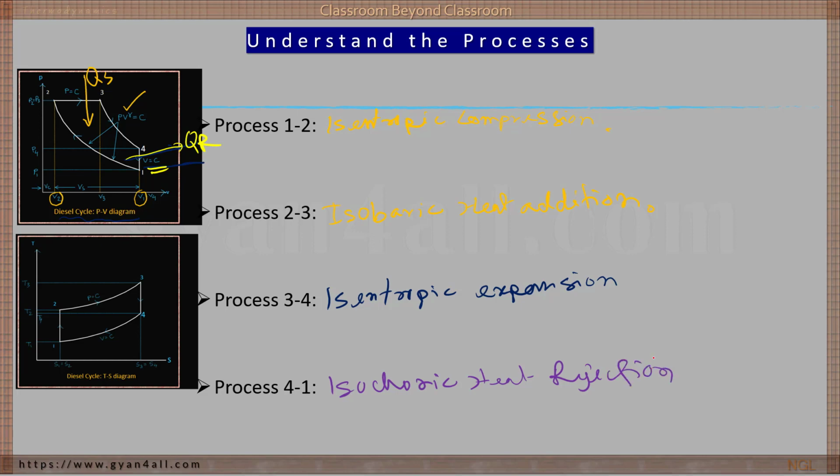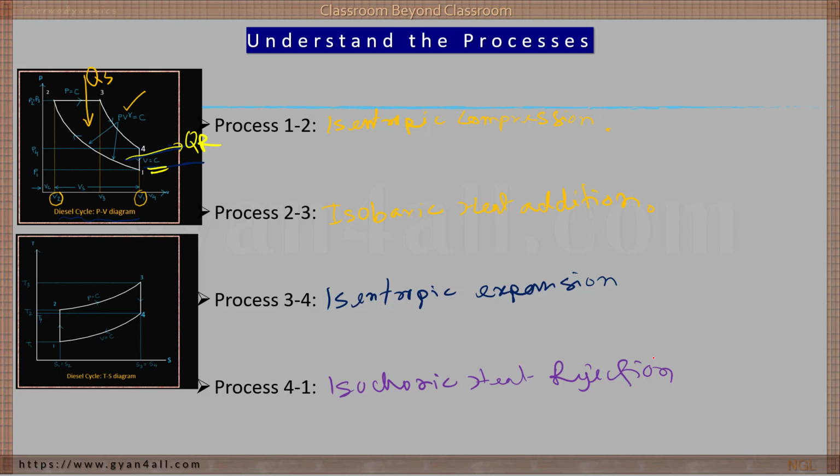So this way we have described the processes involved in a diesel cycle. Did you find the key difference? Only process 2-3, which is isobaric heat addition, but in the Otto cycle it was isochoric, or constant volume, heat addition.